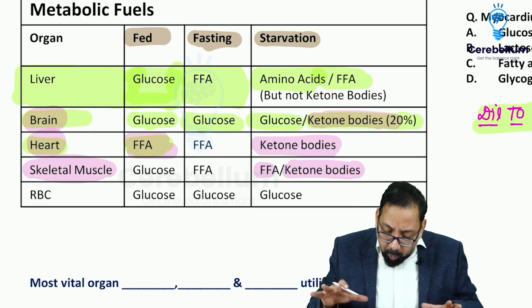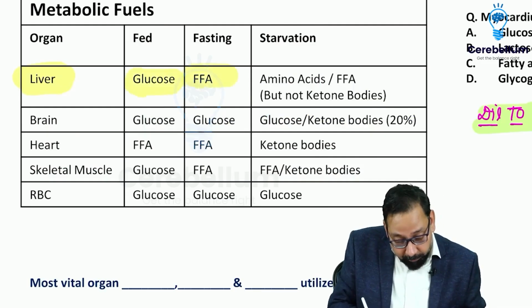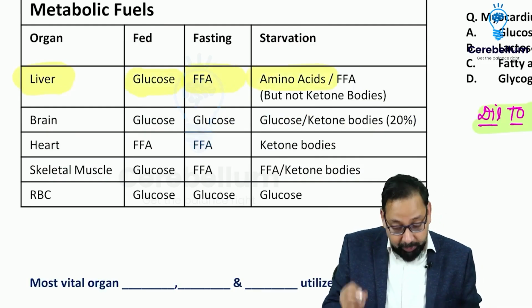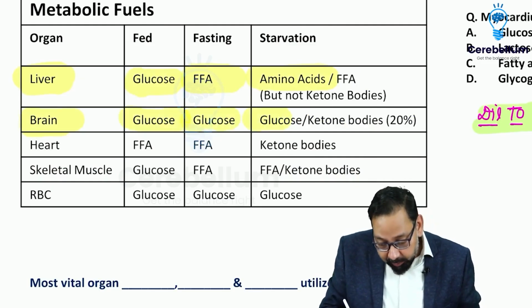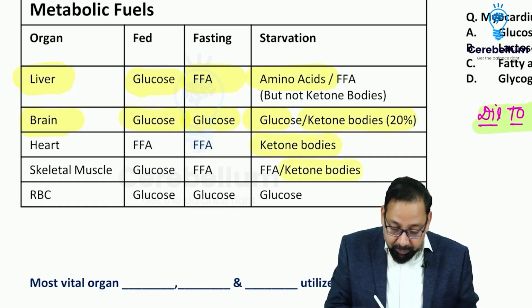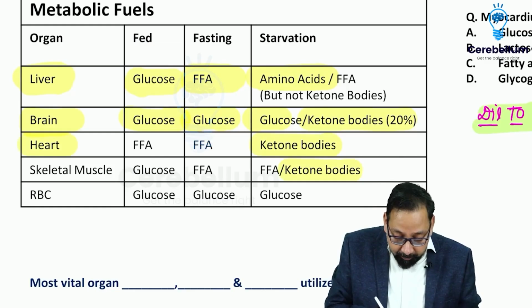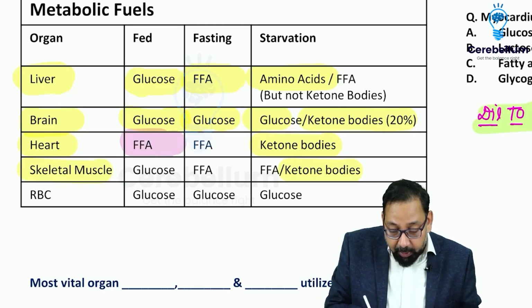If you don't remember all this, I highlight: liver, glucose, fatty acid, then protein, amino acid. Brain, glucose and ketone bodies. Most vital organs, ketone bodies: brain, heart and skeletal muscle. This is important. Heart utilizes fatty acid in the fed state.